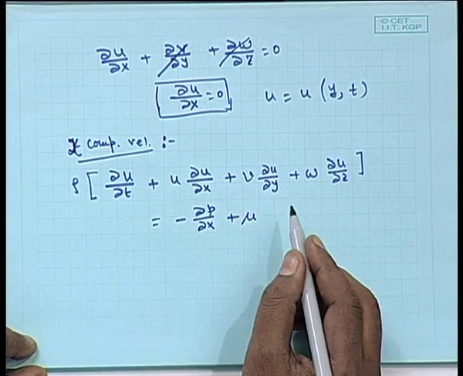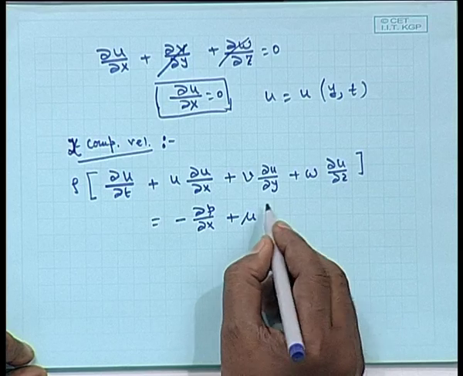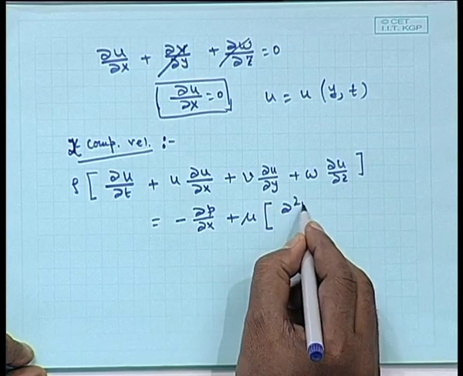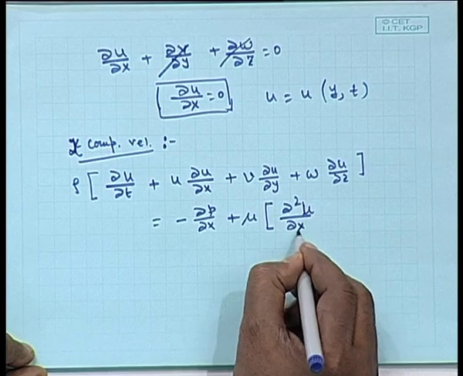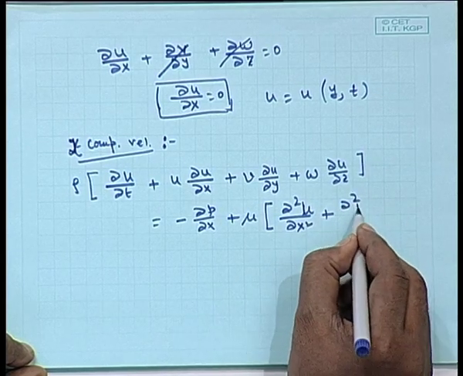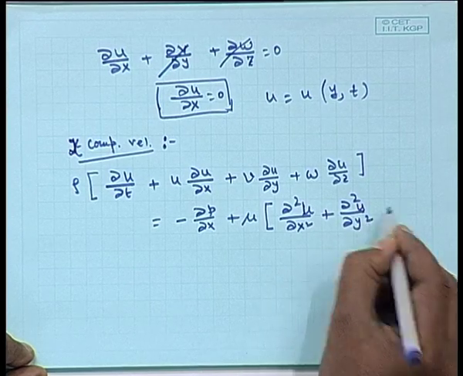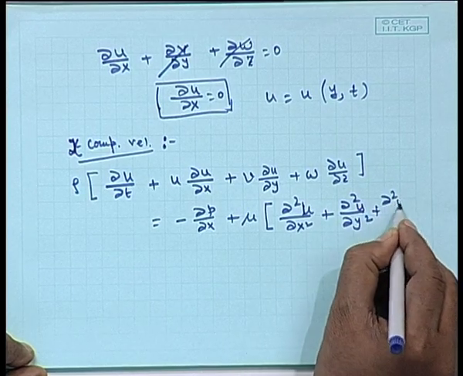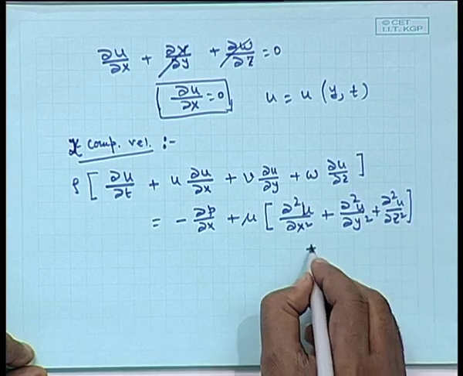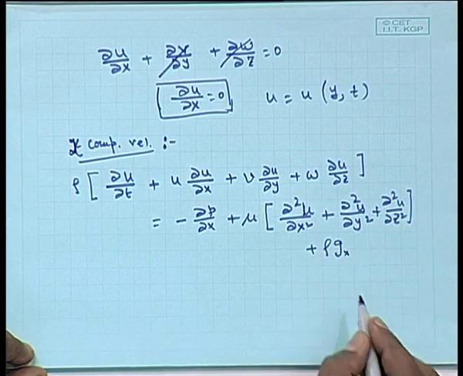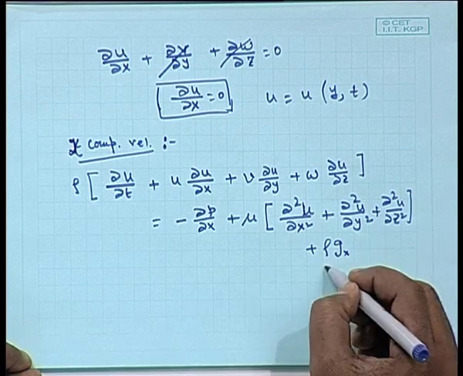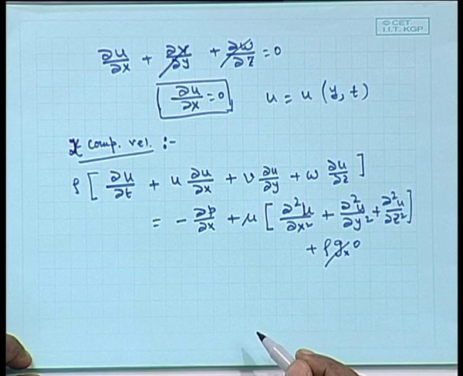Let us say the liquid has constant viscosity. So, this will be del square u del x square plus del square u del y square plus del square u del z square, plus the body force term, the component of gravity in the x direction, that will be 0, right.